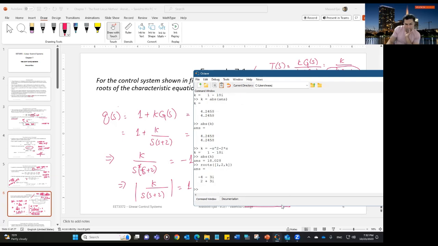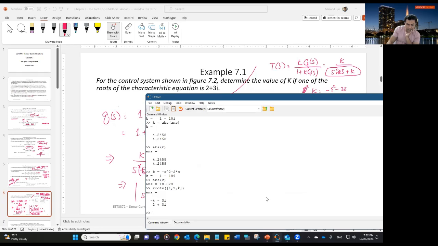Oh, interesting. One root is 2 plus 3i, but the other root is not. So maybe my thing has an error because I just picked up a number over there. So one root is correct. Both roots should be, of course, complex conjugates on the s plane.